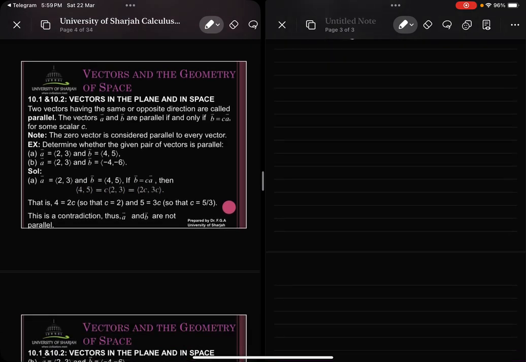Vectors in the plane and in space. Two vectors having the same or opposite direction are called parallel.